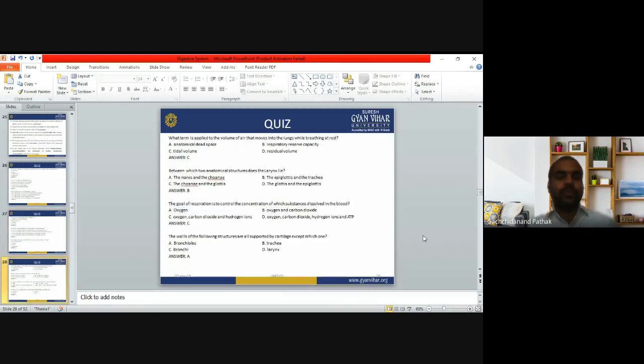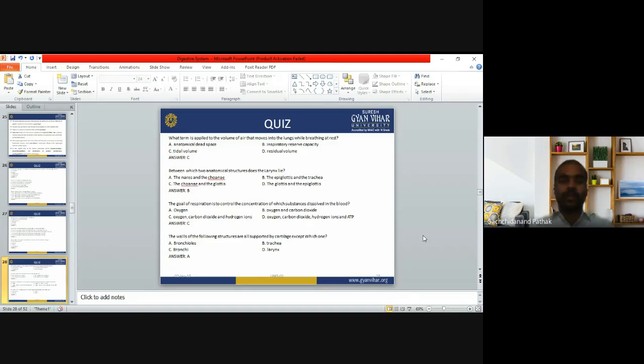Next question. What term is applied to the volume of air that moves into the lungs while breathing at rest? So yes, it's C, tidal volume. Between which two anatomical structures does the larynx lie?